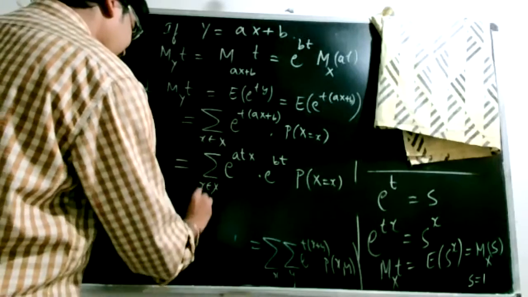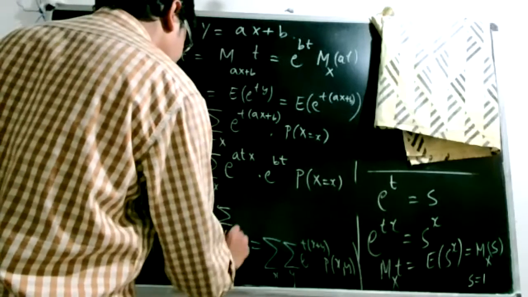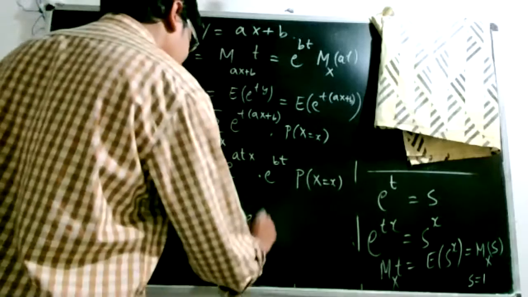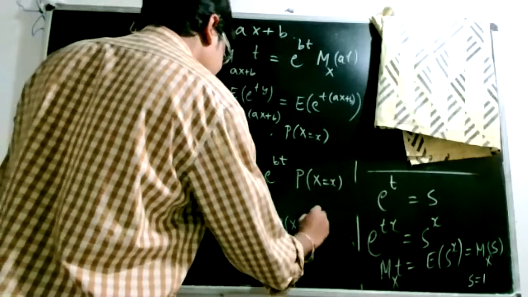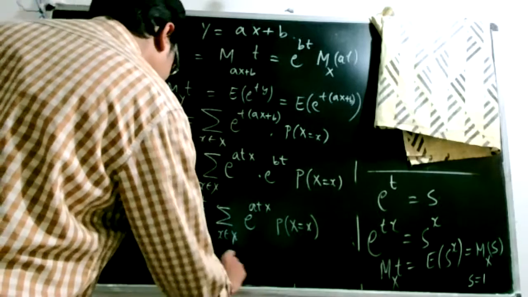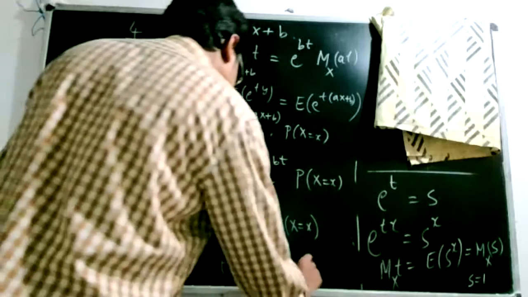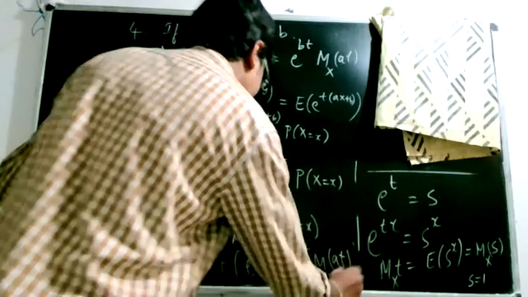So it will be left with e^(bt) into the summation over x belonging to X of e^(atx) into p(x), which can be written as the expectation of e^(atx), which is nothing but the MGF of x at at.